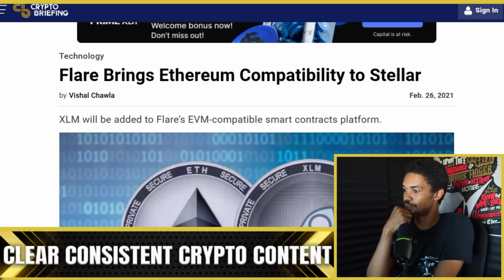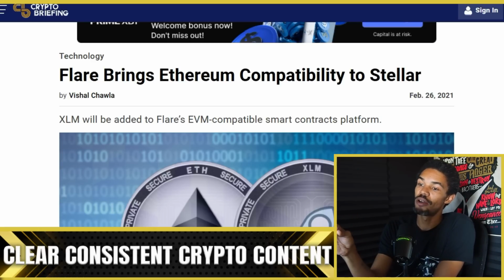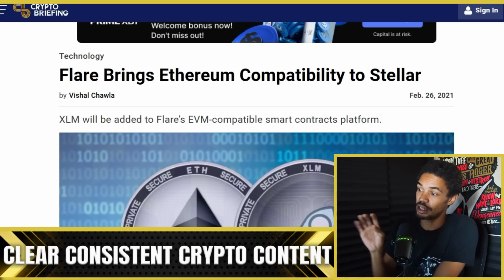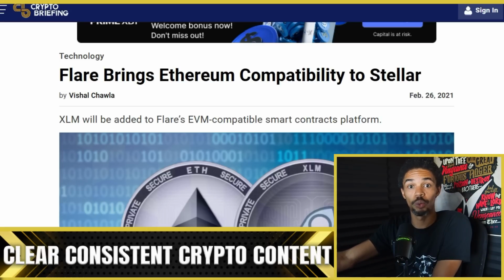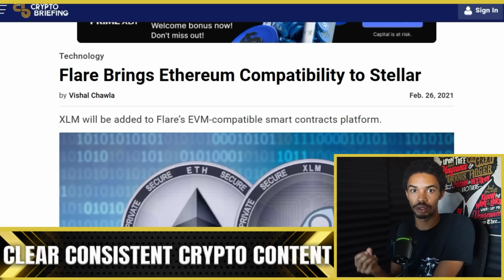So now that Stellar has its own smart contracts, the conversation of Flare bringing that compatibility to Stellar is a bit different. However, I don't see this stopping Stellar from potentially becoming an F asset and taking the data that Stellar gets from the real world, because Stellar is more of a DLT than a traditional blockchain. So they're able to pull in that real world data a lot easier.